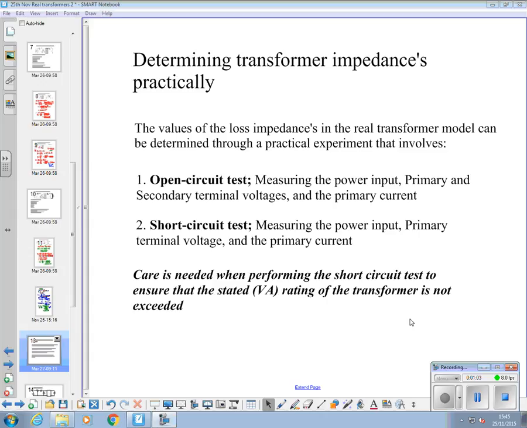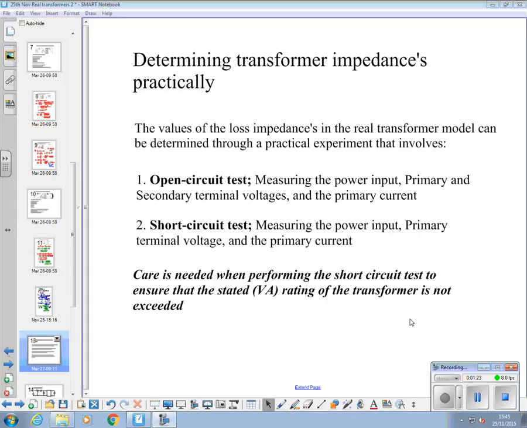So we can find the values of the loss impedances in a real transformer model through a practical experiment that involves an open circuit test where we measure the input power, the primary and secondary voltages and the primary current.